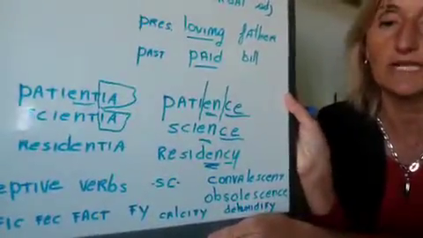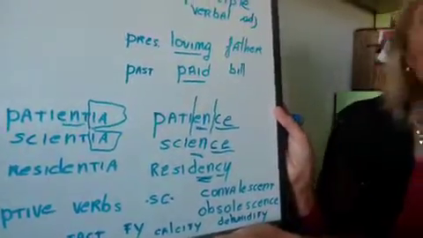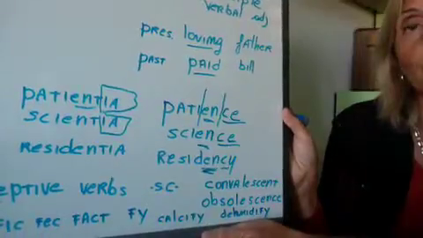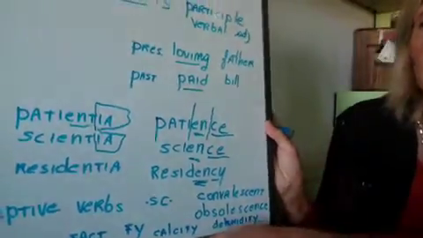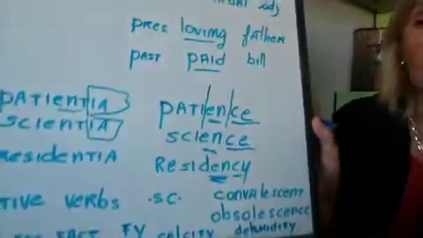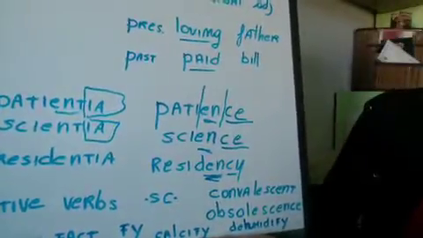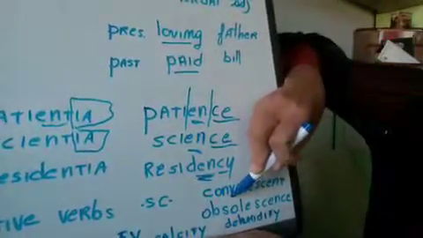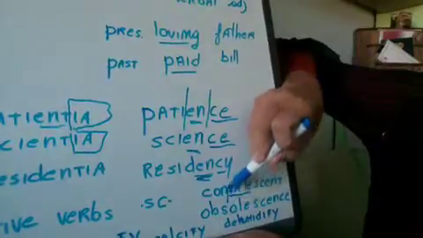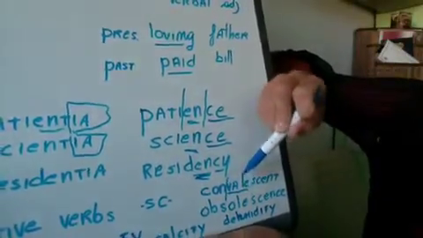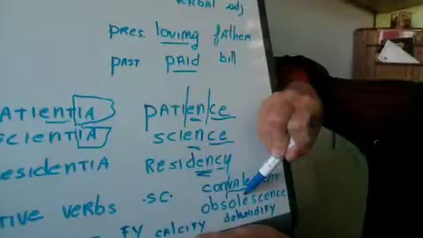convalescent, convalescent means someone who is starting to heal, because it is formed by the verb valere, which means to be well, with the prefix con.